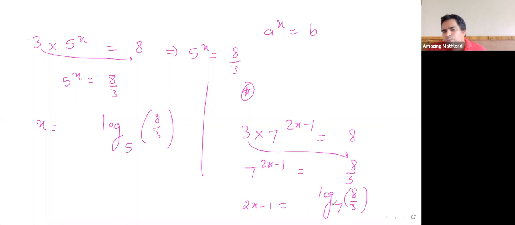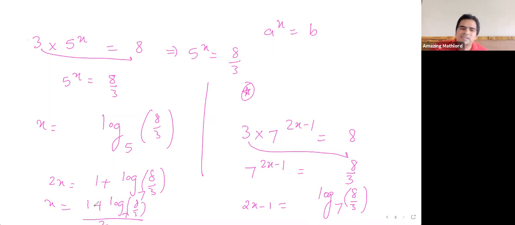And then you bring 1 to the other side. So 2x equals 1 plus log 8 over 3 to the base 7. And then x will be 1 plus log 8 over 3 to the base 7, divided by 2. And this you can put directly on a calculator, which I'm going to show you in a bit.